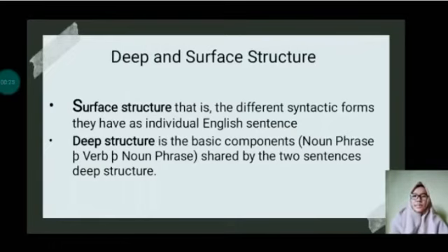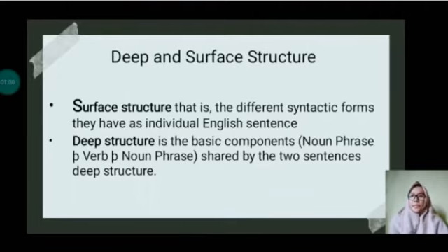The first example is active voice, which focuses on what Charlie did, and the second example is passive voice, focusing on the window and what happened to it. So this example explains the different syntactic forms they have as individual English sentences.